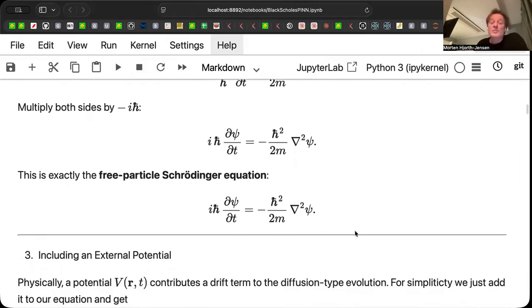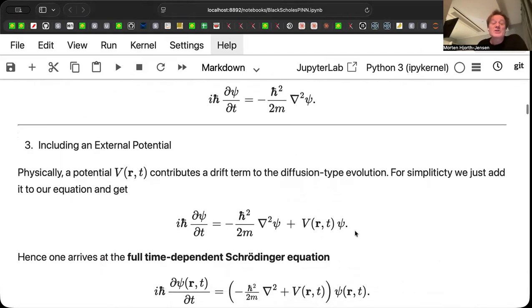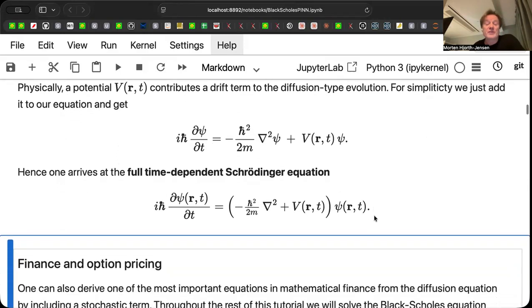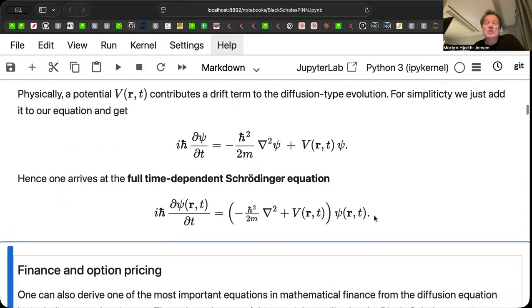If you also add an external potential to it, it could be an approach where you try to solve the quantum mechanical problem using physics-informed neural networks. And this is a very hot topic, and research shows that you are actually getting, with PINNs, a pretty good reproduction of both analytical results and also results from other numerical methods, often with even better accuracy.